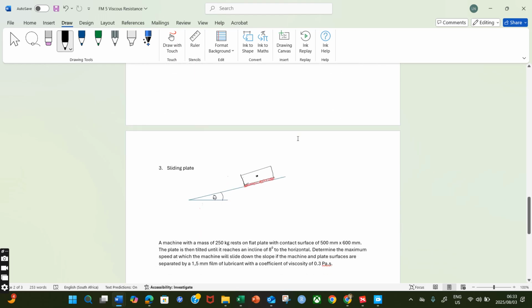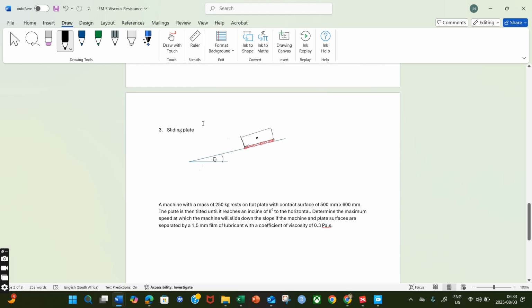Now let's go to the last type of question, where we have a sliding plate, that is, a machine or just any part that is sliding over a flat plate.